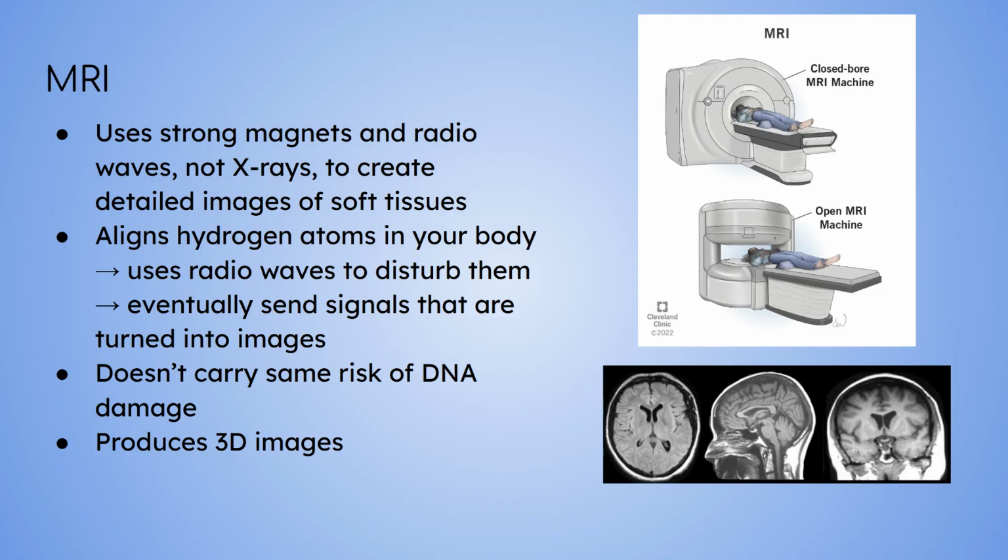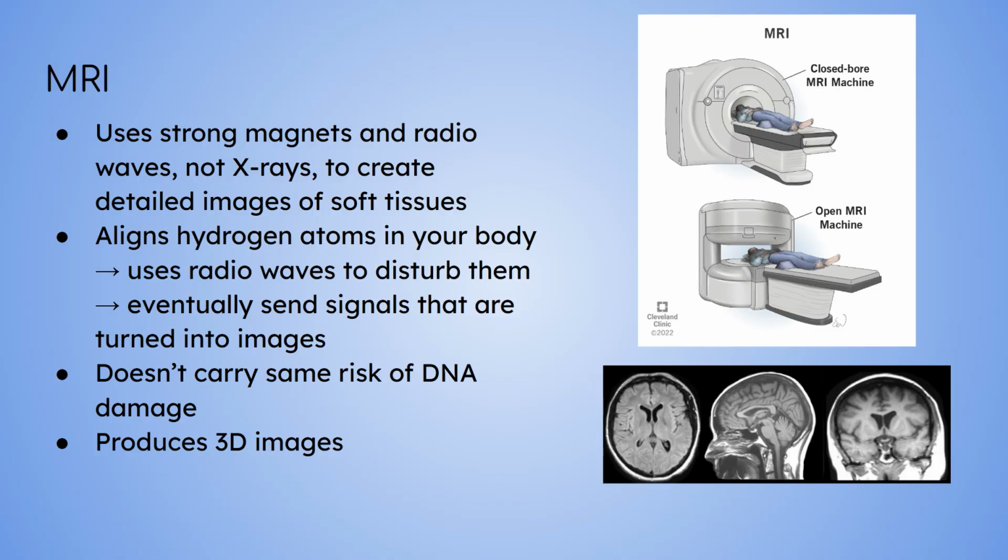So yeah, how it works: it aligns the hydrogen atoms in your body and uses radio waves to disturb them. And eventually, once they go back to normal, they send signals back that are turned into the images you see. So this doesn't carry the same risk of DNA damage since it doesn't use ionizing radiation or energy as high as X-rays do, which is important because this can be a safer alternative.